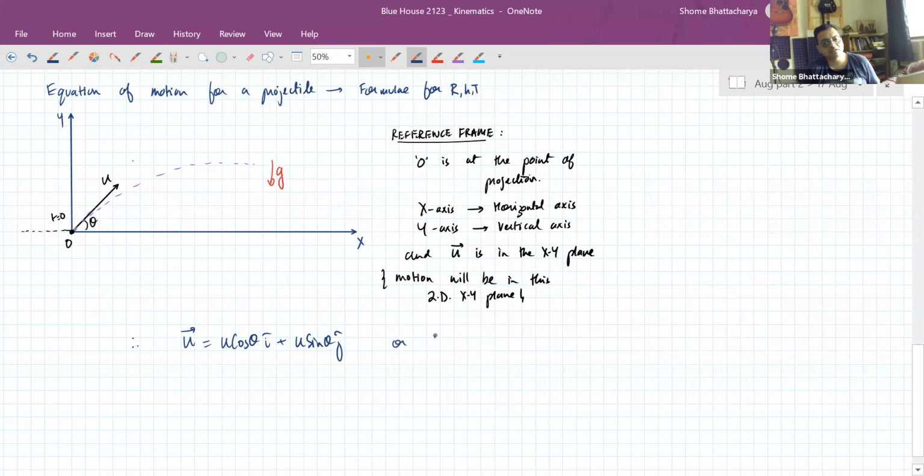Or we can say that the initial velocity has components, x component this much and y component this much. And acceleration is equal to minus g j cap. Or we can say that the x component of acceleration is 0 and the y component of acceleration is minus g. So it is a case of uniform acceleration.